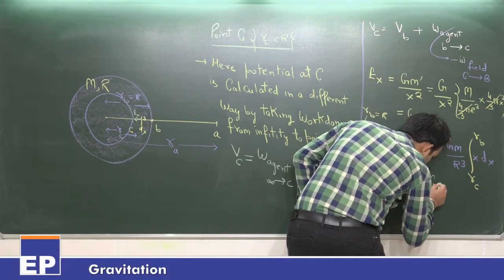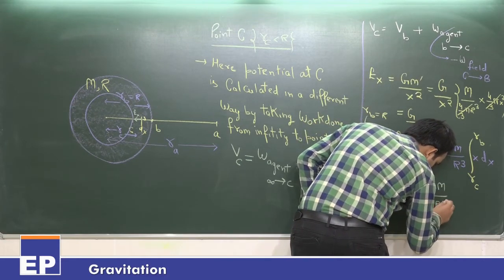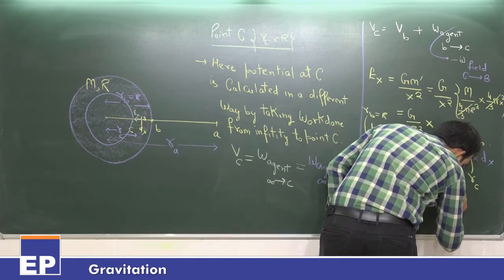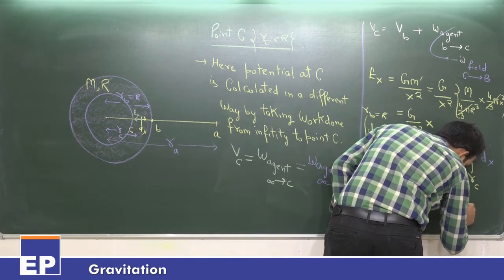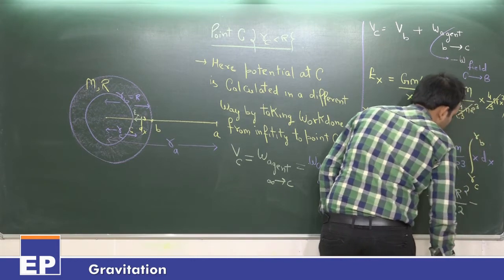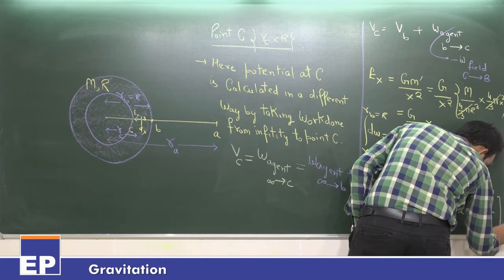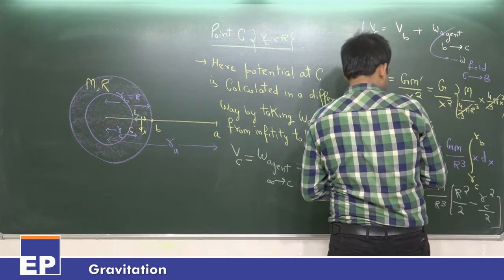That will become minus GM by R cube into (RB square by 2 minus RC square by 2). RB is equal to capital R.